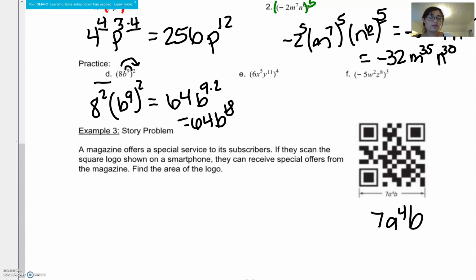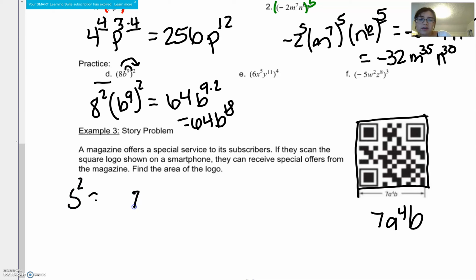That's its length. So if this is a square, we know the area of a square is just side squared.